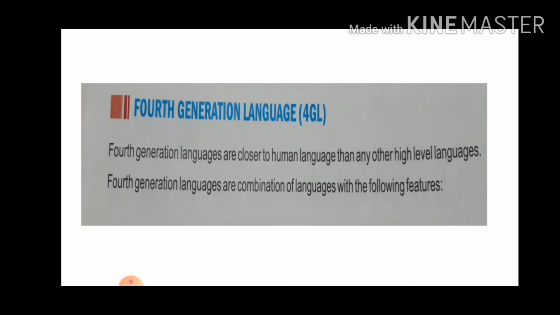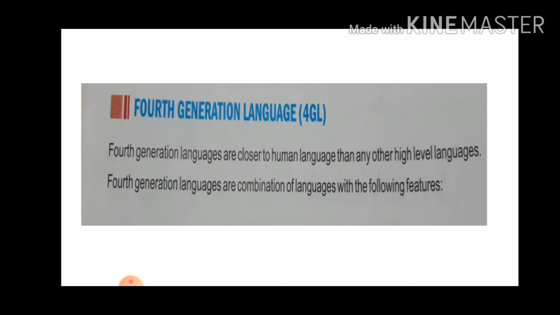Make sure this generation of language is very close to human language, and it is a combination of languages with these features: high user friendliness and very high speed of execution, and designed to reduce programming effort, meaning it reduces the instructions written in the programming language to a very low level. Minimum effort from the user to obtain any information means less effort is required.